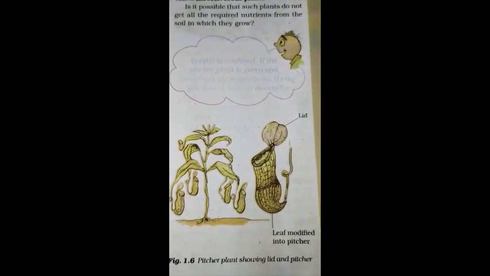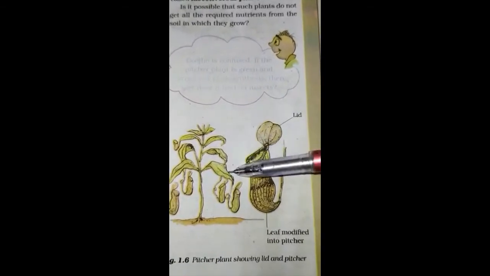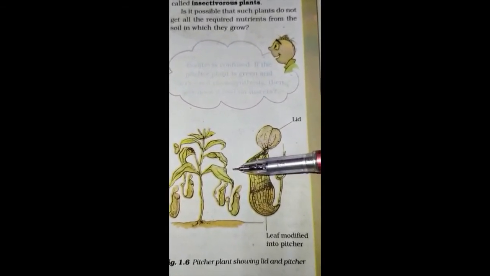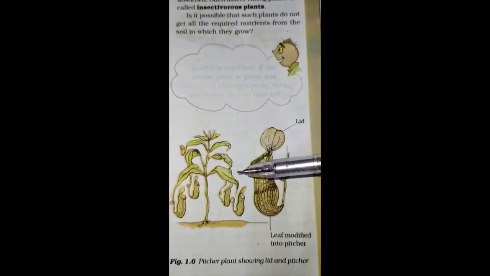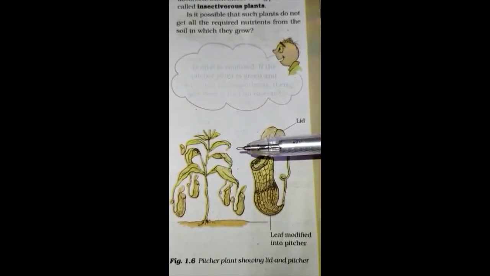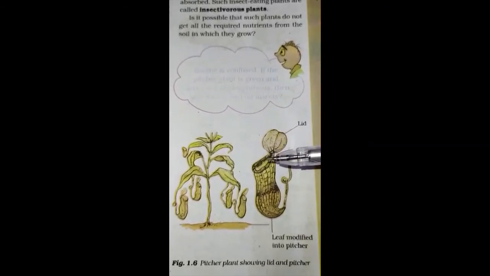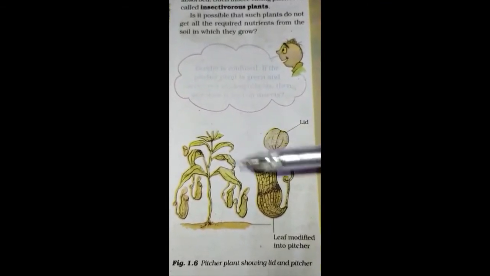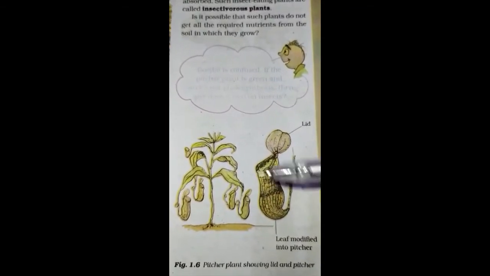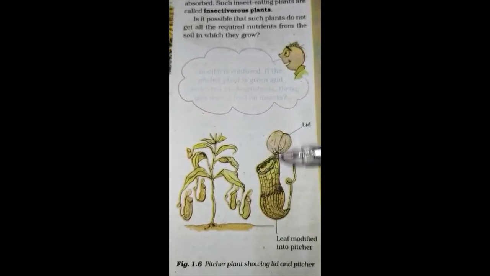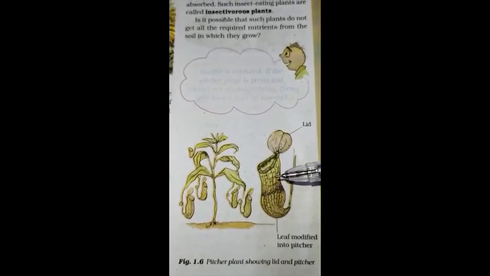But there is an interesting fact that this plant is green in color. It contains chlorophyll. It can prepare its food on its own. There is an alternative method of trapping the insect. So it has two modes of nutrition. It can prepare its food on its own, and on the other hand, it traps insects and eats them.